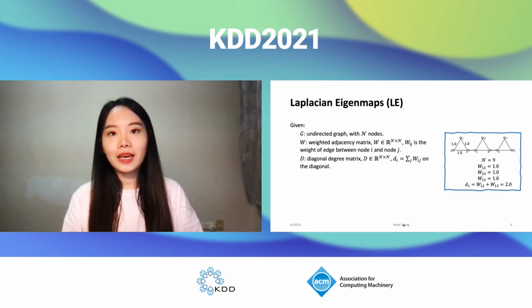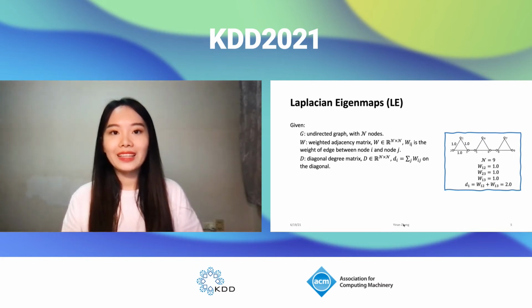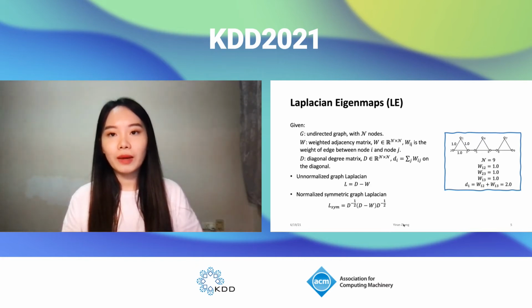Here is an example on the right. The degree of the first node, D1, is W12 plus W13, which is 2. Then we have the unnormalized graph Laplacian L, defined as D minus W. Alternatively, we use the normalized symmetric graph Laplacian in our work.